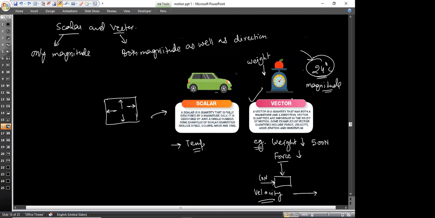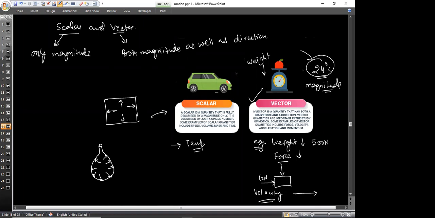There are many quantities that have direction as well as magnitude, and we can take the example of pressure. Just imagine this is a balloon. The air pressure is always exerted perpendicular to the surface, but similarly it is exerted in all directions.